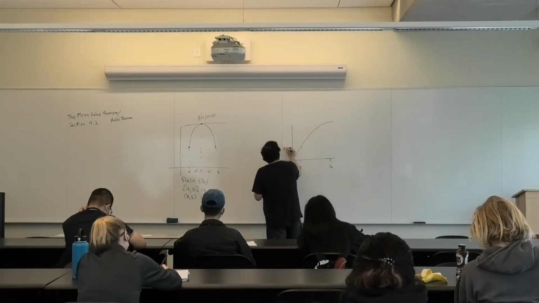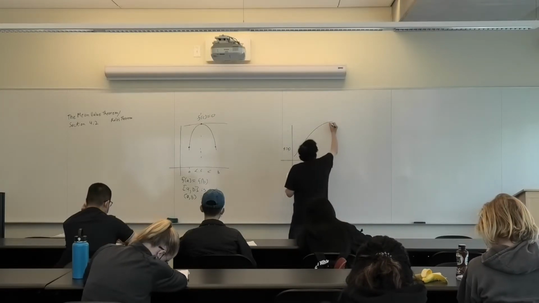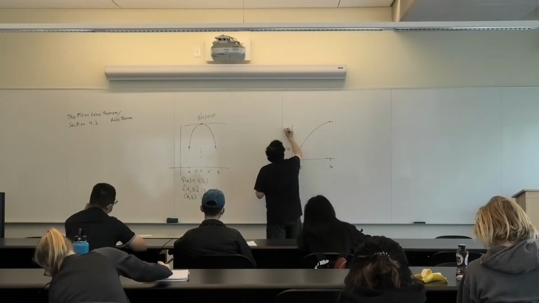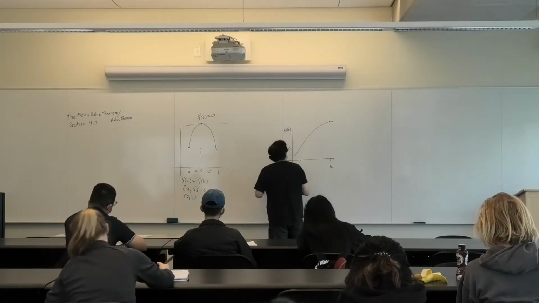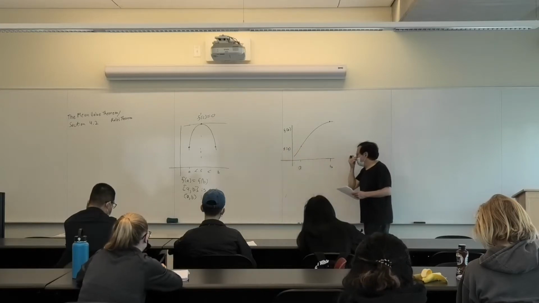It has an f of a and f of b. This time, f of a and f of b are not equal.